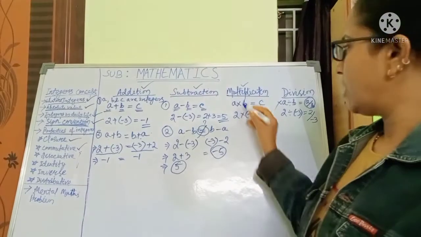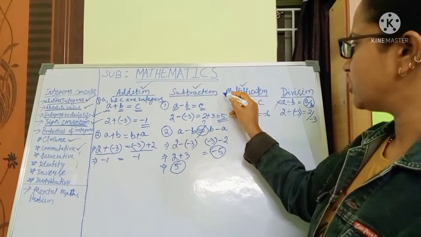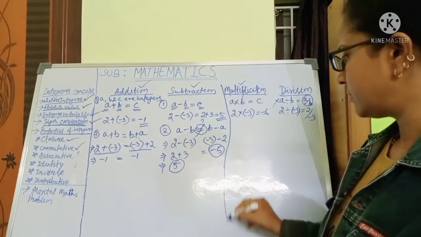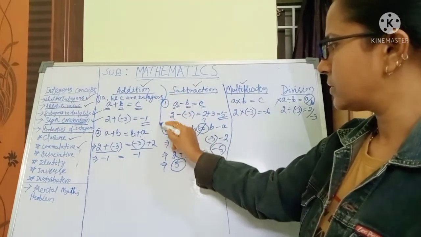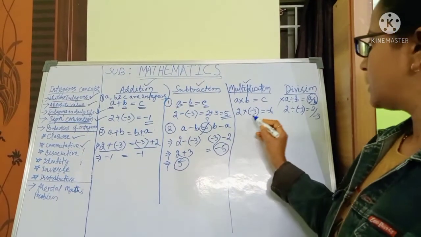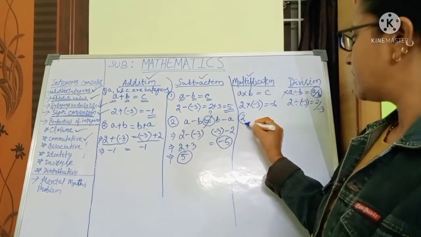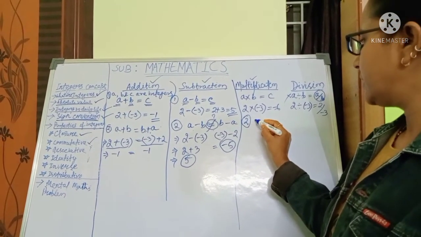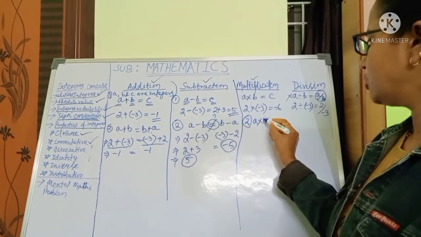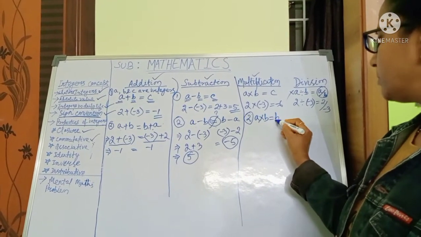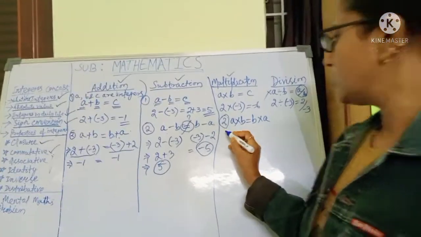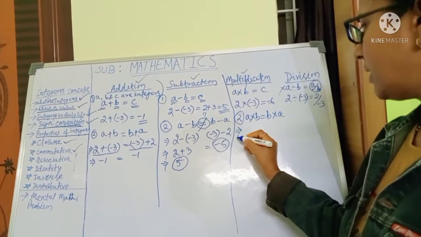Now we'll check for multiplication. For multiplication, the commutative property will be a into b is equal to b into a. I'll show you with an example.